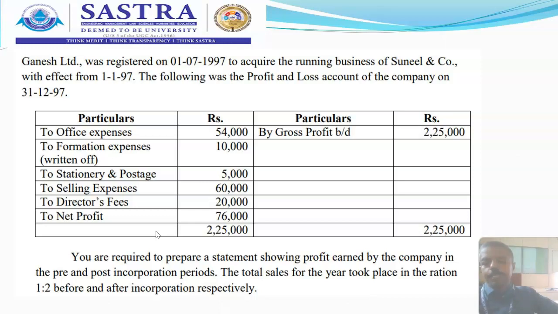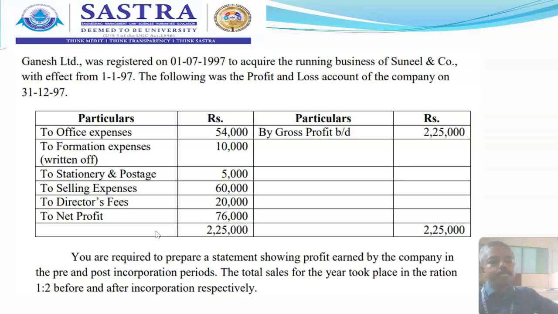So this formation expense is not a regular expense. Hence it can be allocated but cannot be apportioned either by time or sales ratio. So it is a pure allocation. Now let us decide, does the allocation happen pre-incorporation or post-incorporation?